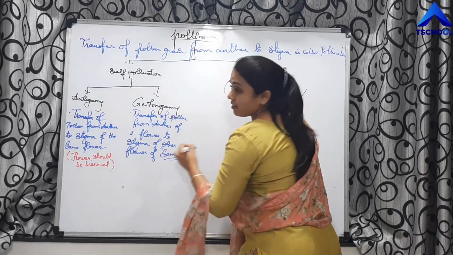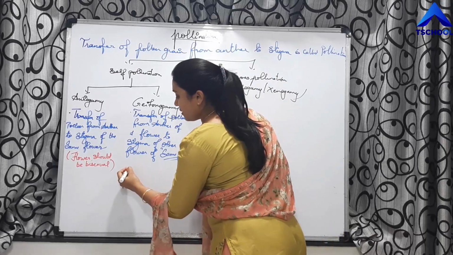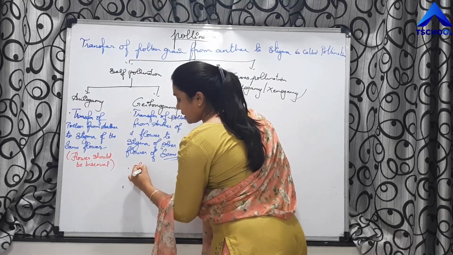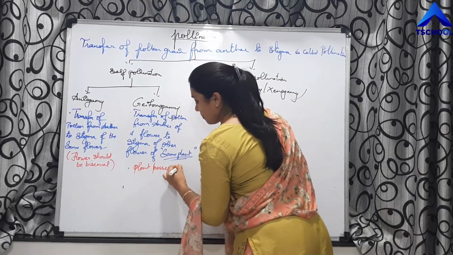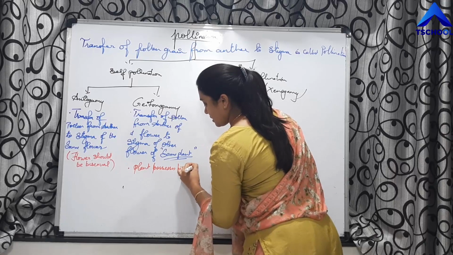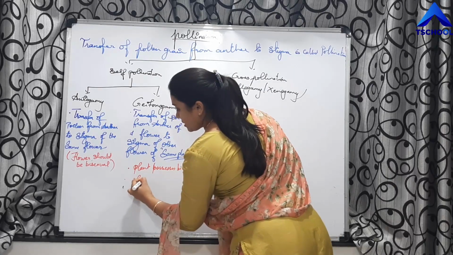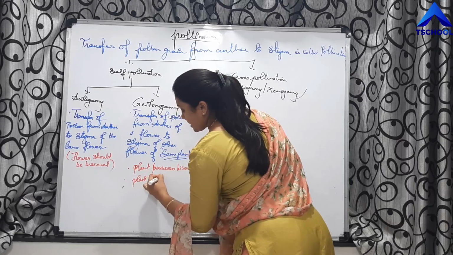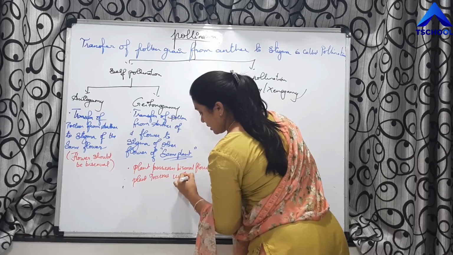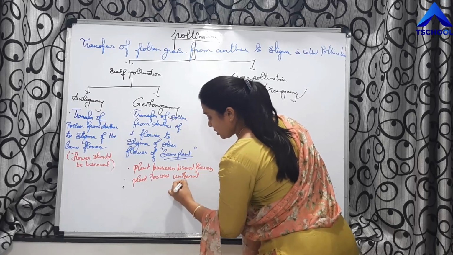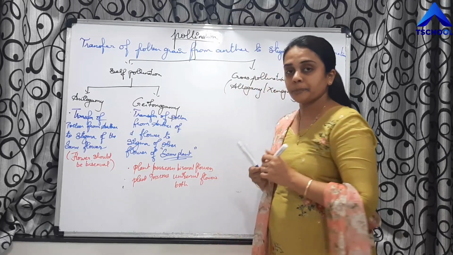The plant should be the same. When is this possible? This is possible if the plant possesses bisexual flowers, or if the plant possesses unisexual flowers, both kinds, right? Both unisexual flowers.